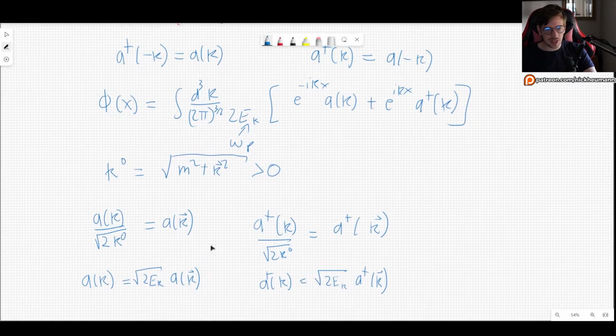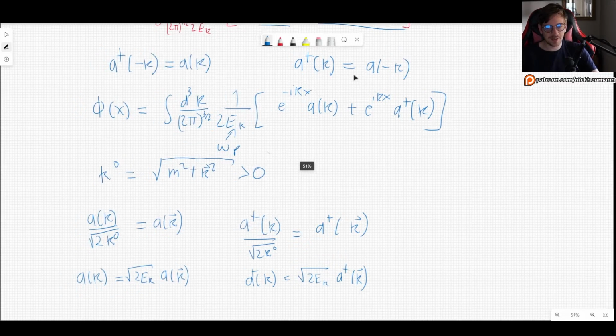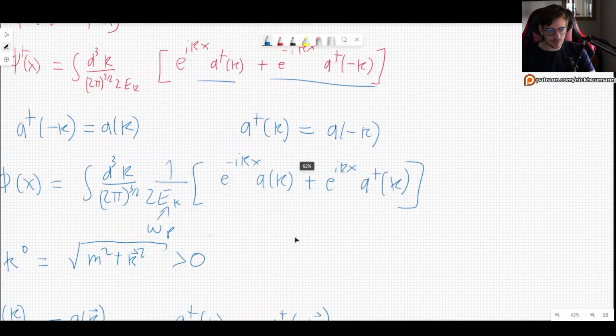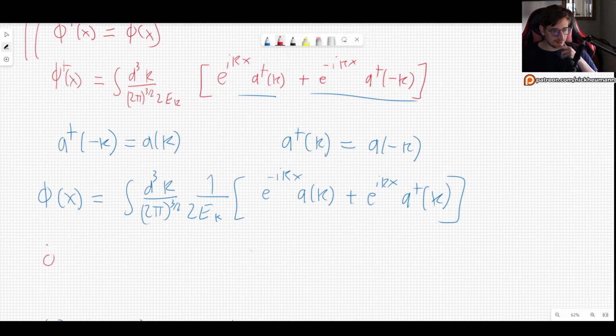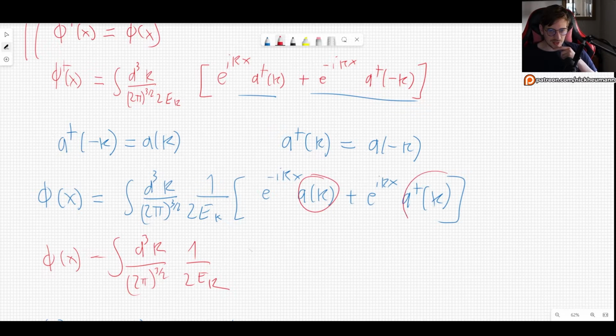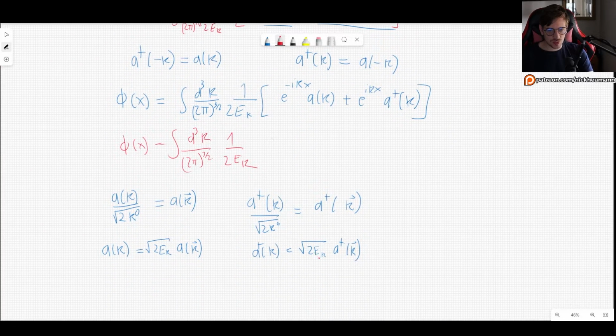Okay, and now we can plug that back into our expression up here, right? By the way, this is 1 over, in case it isn't very clear. So now we can just plug it in. Let's do it right underneath, here. So now we have phi of x. This is going to be the integral d3k over 2 pi to the 3/2, times 1 over 2ek. And now each one of these is going to give us a factor of square root of 2ek.